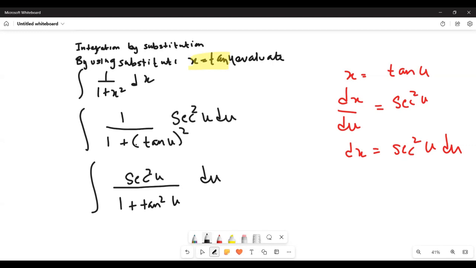Now, if you remember the trigonometric identities from the chapter trigonometry, let me just quickly open the formula document and cut paste it for you. Yes, found it.